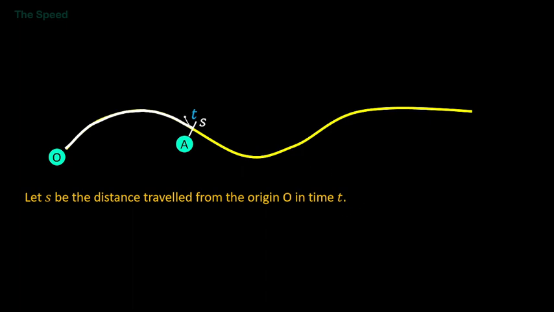This particular point represents a moment of time t, and t represents the time interval from the time when the body was present at the point O to the point A where the body arrived later after the time t. So time t represents this moment as well as the time interval from the position O to the position A as the body travels from one position to the other.